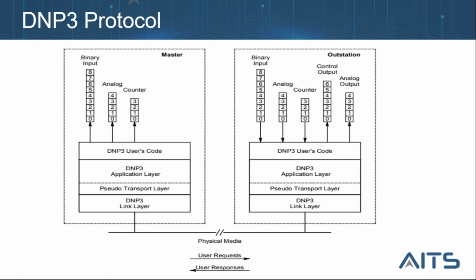DNP3 is a protocol for transmission of data from point A to point B using serial and IP communications. It has been used primarily by utilities such as the electric and water companies, but it functions well for other areas. DNP3 uses the term outstation to denote remote computers as are found in the field.